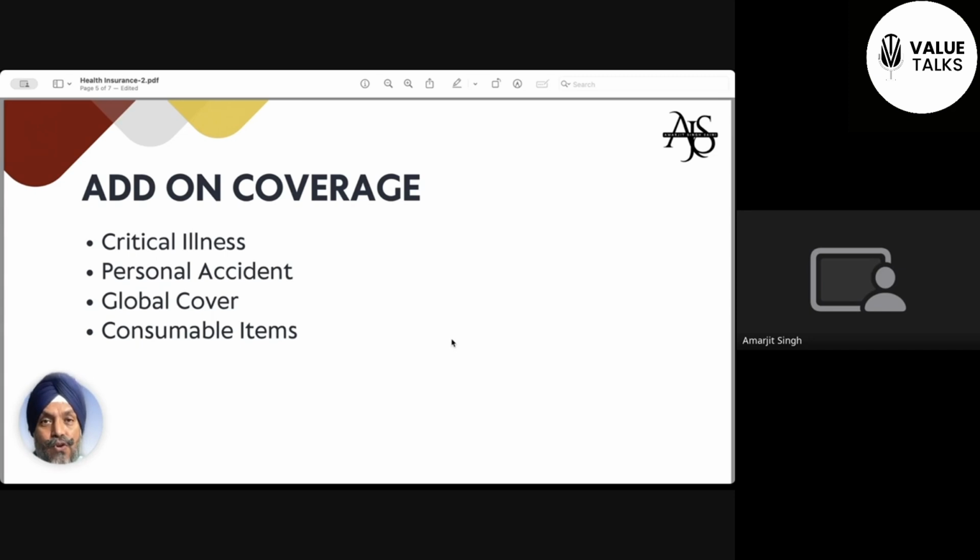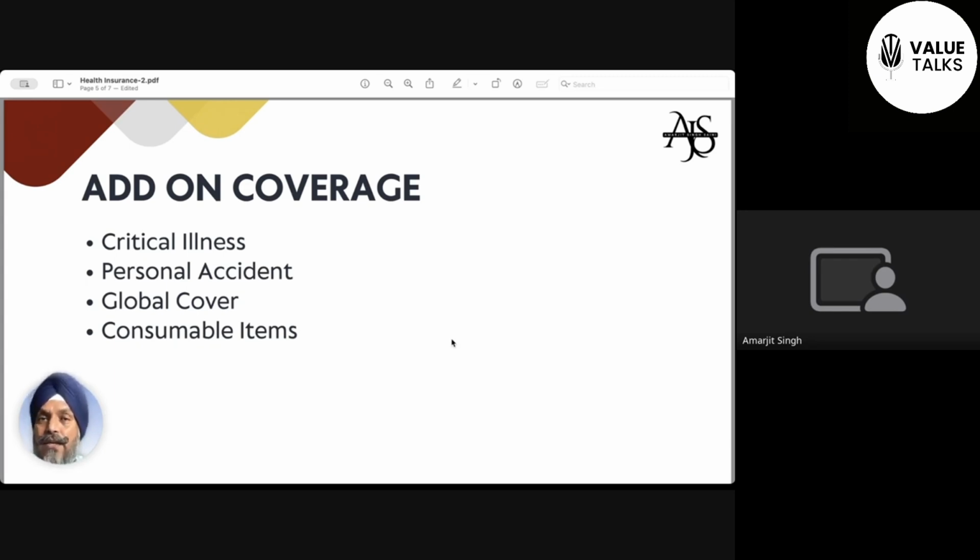Similarly, there are two more lists that are subsumed. The subsumed list says a few items are subsumed within the room rent. That means if the hospital charges separately for those items, this will not be paid, and otherwise it is expected to be part of room rent. Similarly, there is another list which is subsumed into treatment, and a fourth list which is subsumed into procedure.